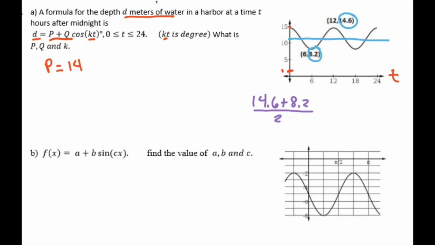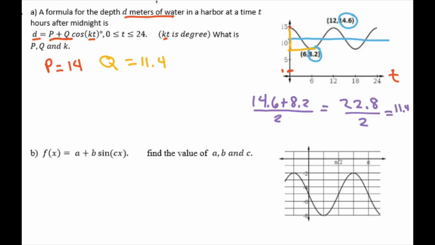That's going to give you 22.8 divided by 2, which equals 11.4. So that means your amplitude is 11.4, which is Q. So Q equals 11.4. So they're going up 11.4 and down 11.4.